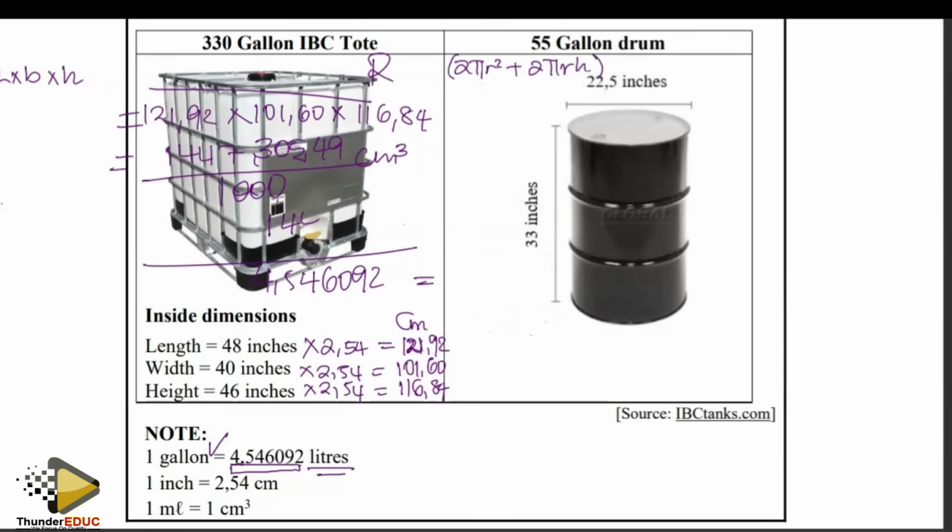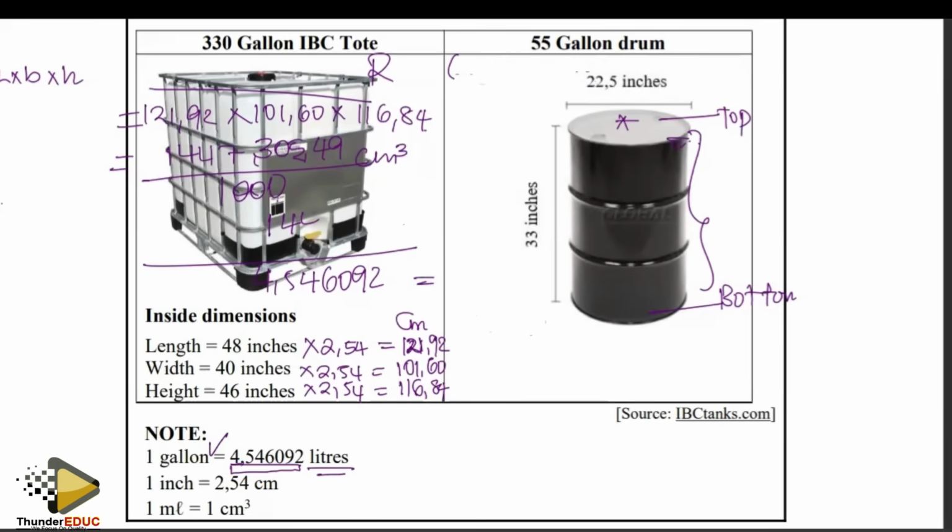This is the formula. Why do we have 2 pi r squared? Because this is the area for the 2 circles, one on the top and the other at the bottom. And the other space that's remaining is given by this formula here.